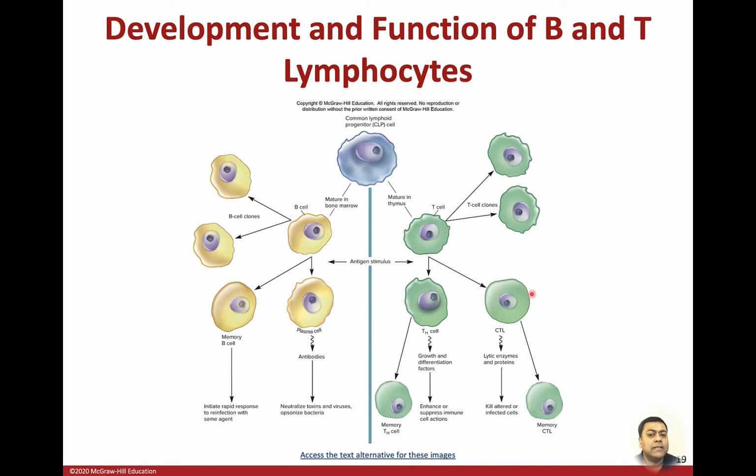So the cytotoxic T cell can kill them as well, or infected cells, as we talked about. And some of these cytotoxic T cells will become memory T cells. But to kill these particular cells of yours, it needs a stimulus from the helper cells. And we're going to talk about how this happens.